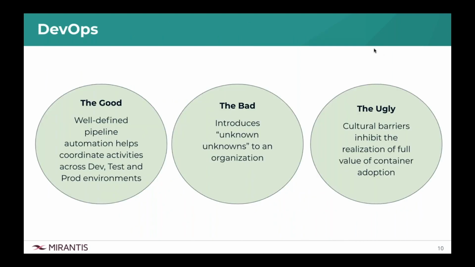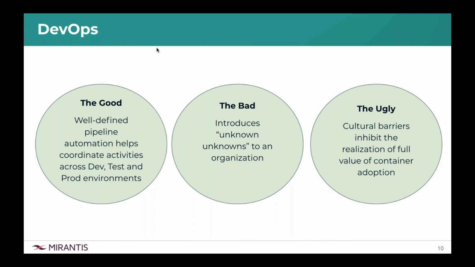So I think what I can get to here is really describing the role of DevOps with containers, and not to get into the weeds too much here, but what we see with DevOps from our customers is how I frame it in terms of the good, the bad, and the ugly.